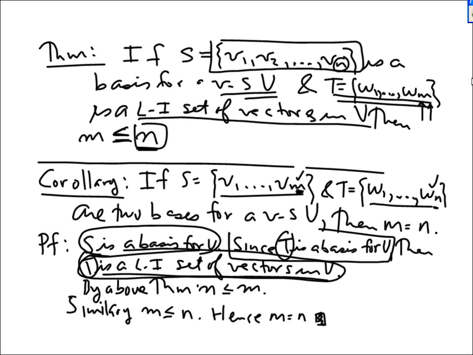All bases for V, for vector space V, have the same number of elements. So now we can give this number of elements a name.